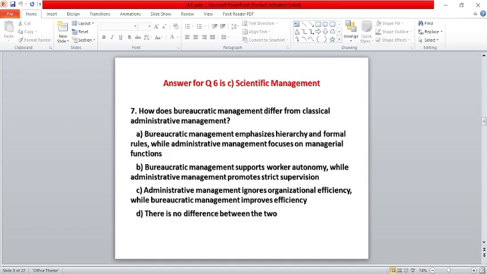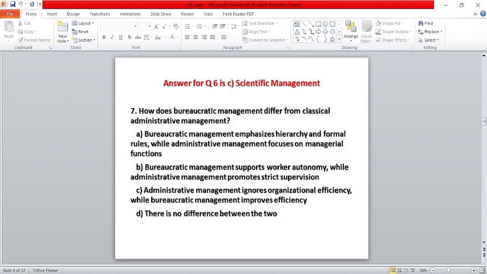Question number 7. How does bureaucratic management differ from classic administrative management? A. Bureaucratic management emphasizes hierarchy and formal rule, while administrative management focuses on managerial functions. B. Bureaucratic management supports workers' autonomy, while administrative management promotes strict supervision. C. Administrative management ignores organizational efficiency, while bureaucratic management improves efficiency.